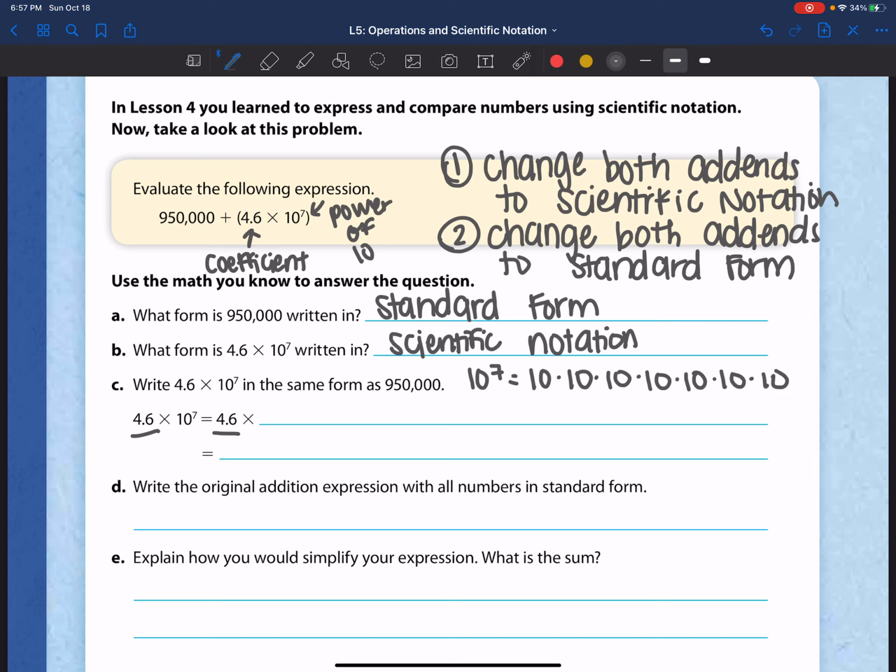And all you do is multiply that out. So you'll have 7 zeros. That's 10 million. Now all you'll do is multiply your coefficient by 10 million. So you should have 46 million.